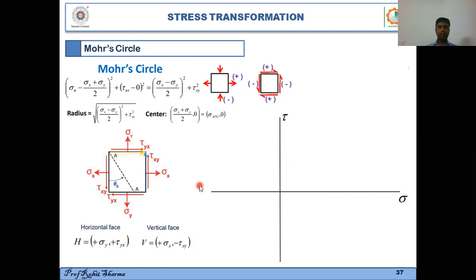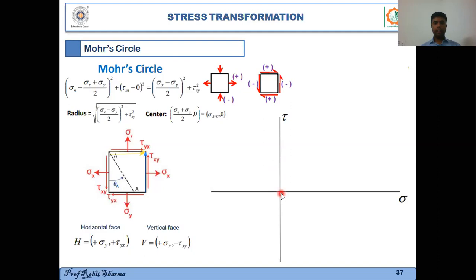We have also seen that in this equation, sigma n plays the role of x and tau nt plays the role of y, right? And this is the center of the circle. So we'll consider two axes: one horizontal axis, which represents sigma, and one vertical axis, which represents tau or shear stress, right?